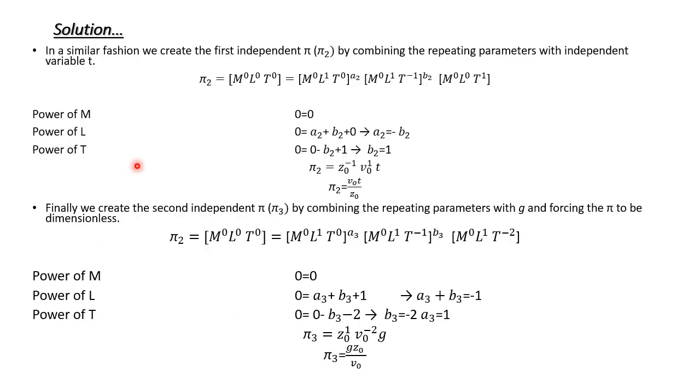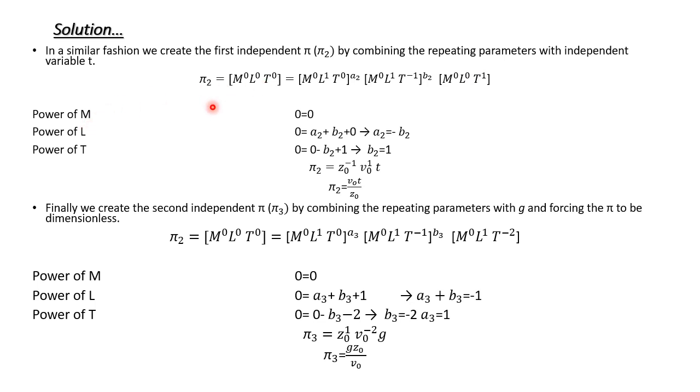In a similar fashion we will find pi 2 and pi 3. So we will take the equation of pi 2. Pi 2 is dimensionless, so M0, L0, T0 I have written. On the right hand side I have written dimensions of Z0 with A2 as the whole power, and V0 with B2 as whole power, and time, T1.